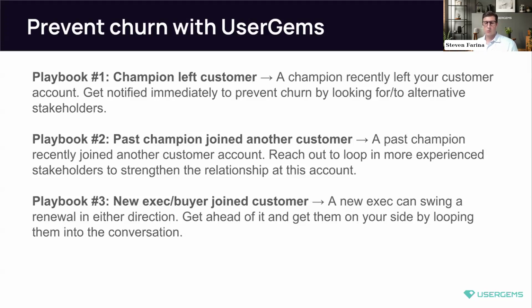And I think the reason that champion turnover right now is so detrimental to CS teams is also partly being too single-threaded, right? It's so important that we're building a network, or a net of champions, at customer accounts. So if one leaves, another one is there to keep the mission going in the right direction. This is a great way to take somebody who is already a champion, joined another customer, and link them up as another ally at a customer account.